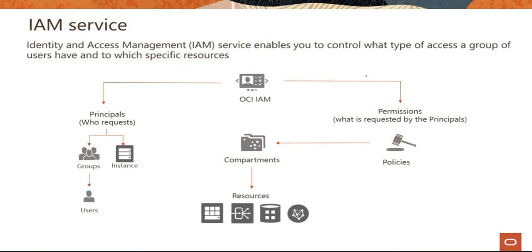So this graphic, this visual, tries to show the main components of the service. As we talked about, with the Identity and Access Management Service, the main things to keep in mind are principals. Basically, you can think of principals as groups of users or instances. We'll talk about why instances are here.